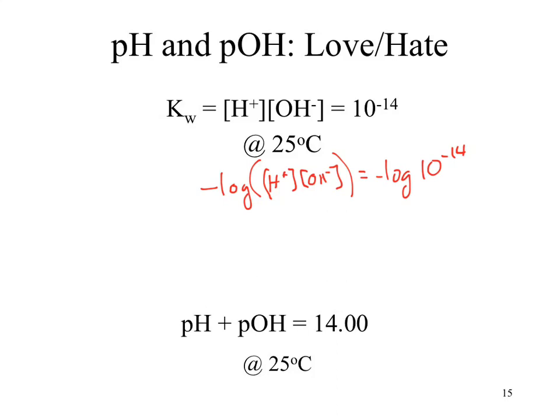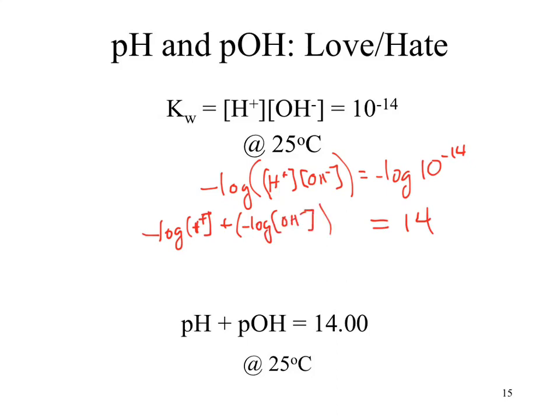What's the negative log of 10 to the negative 14? 14. Which is nice. We took that number that was 10 to some negative power and put it into a nice easy number to deal with. The negative log of the quantity is the same as saying the negative log of our H plus, plus the negative log of our OH minus.